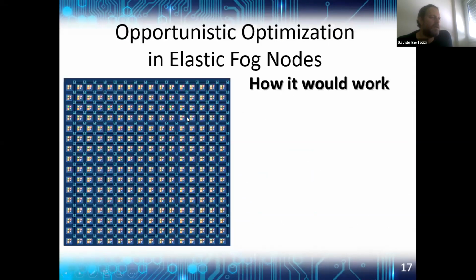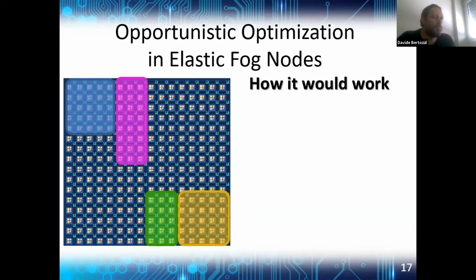So think about the mini-core accelerator of your fog node, of your gateway. Even in this case, you can use elastic computing for opportunistic optimization of the execution state. Think about these compute partitions. You may have the green partition that is a periodic task.